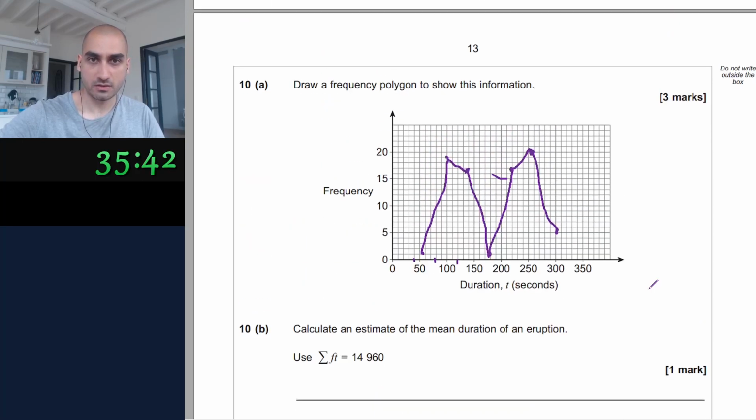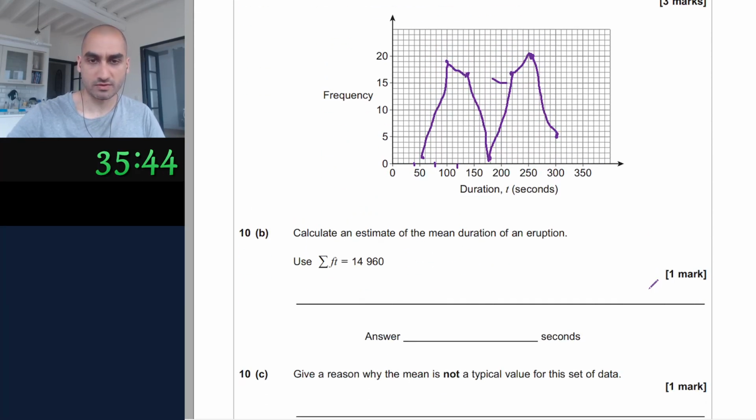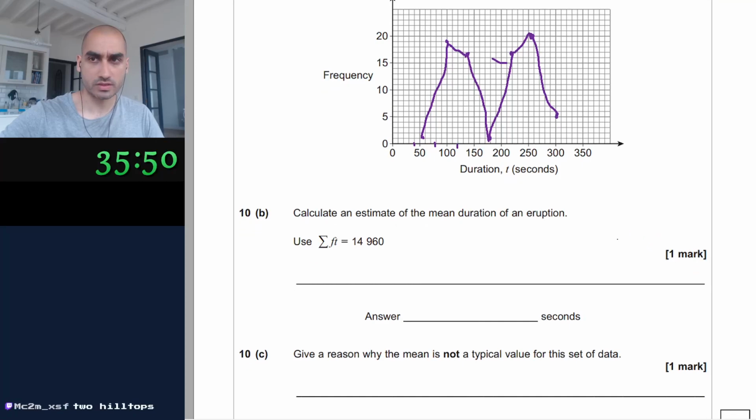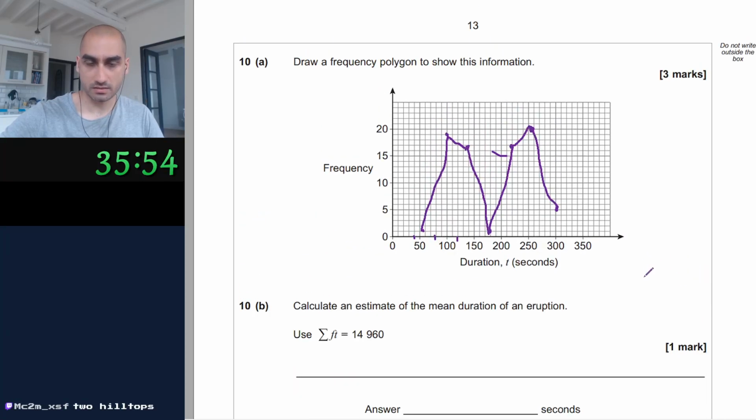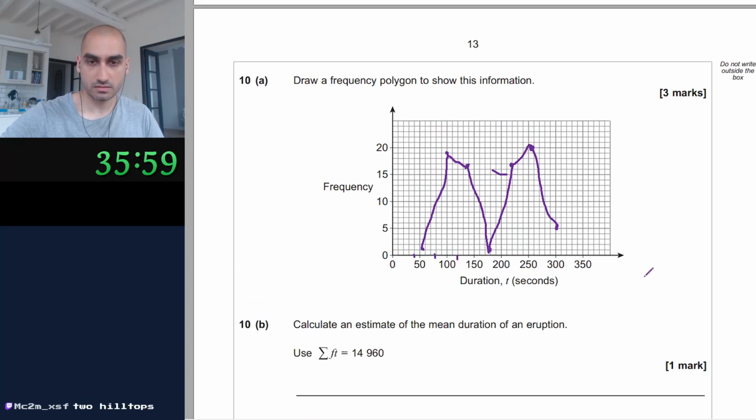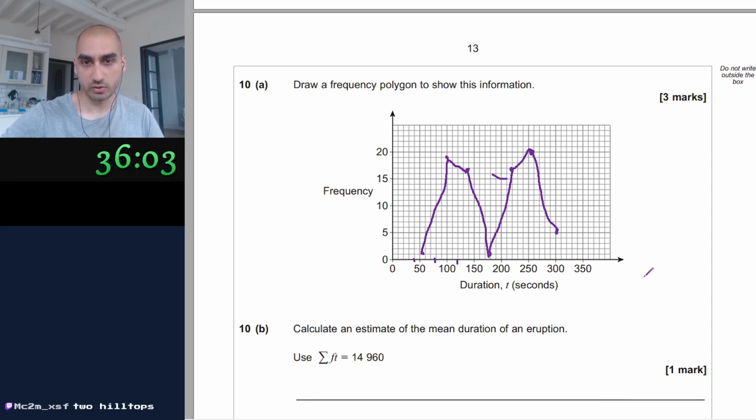Calculate an estimate of the mean duration of an eruption. Sum of frequency... two hilltops. Yeah, it's like a bimodal distribution.